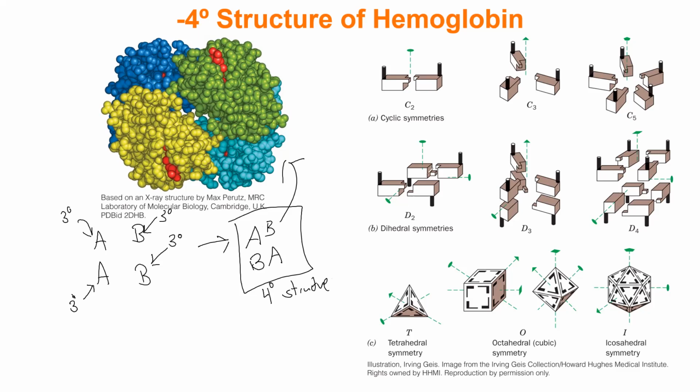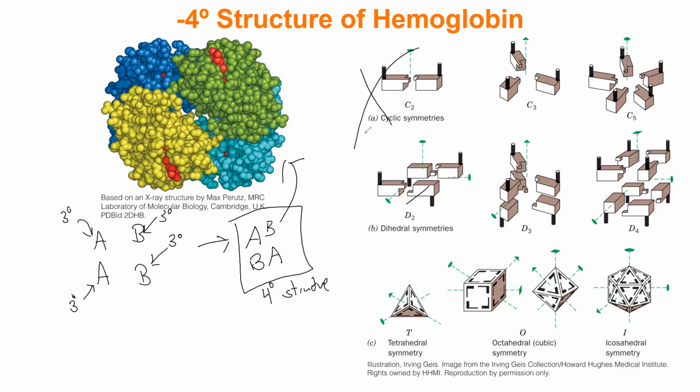I think we're going to ignore the stuff on the right this semester. Basically, when these peptides come together, they have to follow rules of symmetry. It's not that important to know these symmetry operators unless you are planning to go into a field that deals with X-ray crystallography. And you'll probably learn about them there when you do.